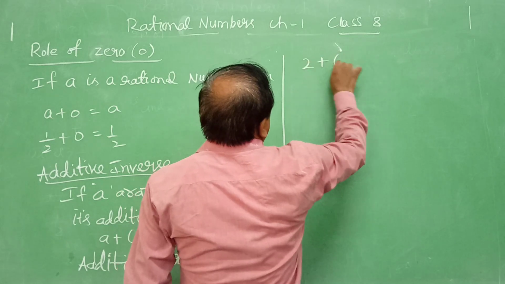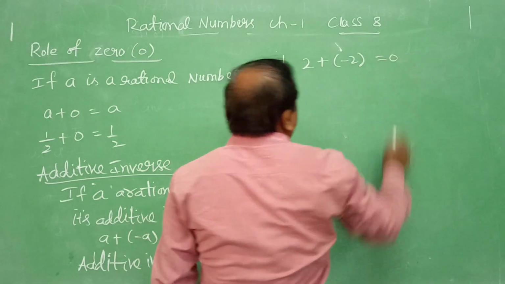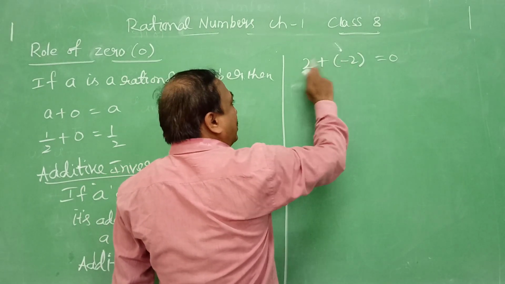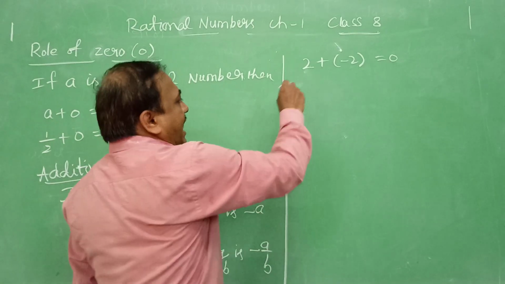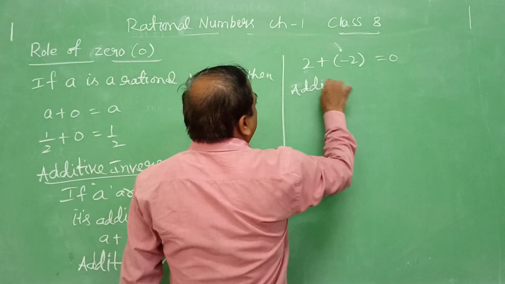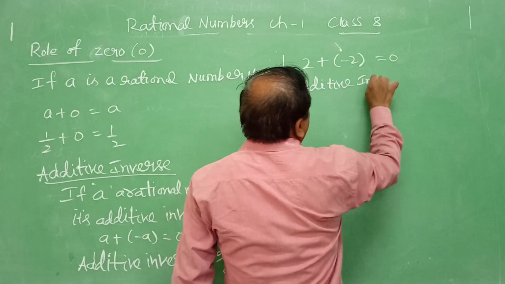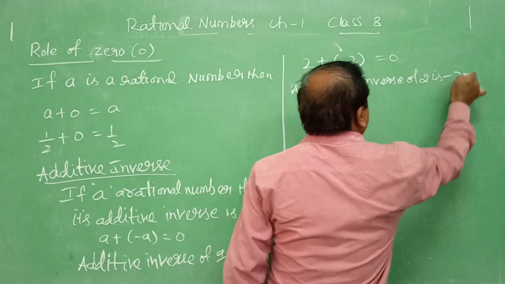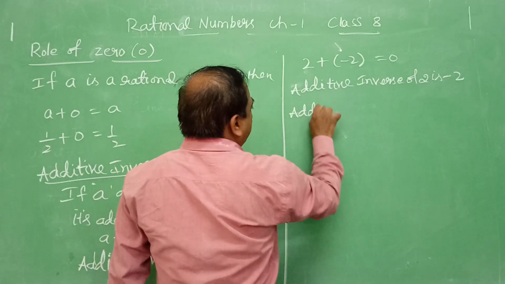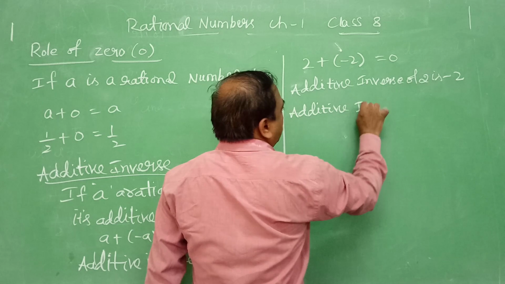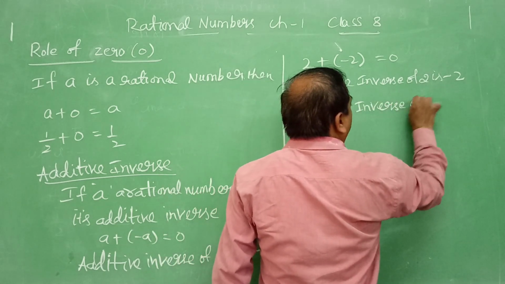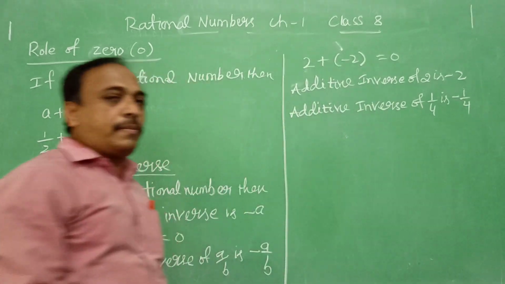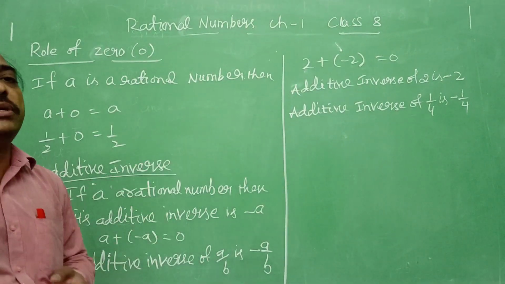Like 2 plus of minus 2 is equal to 0. That means minus 2 is the additive inverse of 2, and 2 is the additive inverse of minus 2. The additive inverse of 2 is minus 2. Now the additive inverse of 1 by 4 is minus 1 by 4. This is about additive inverse.